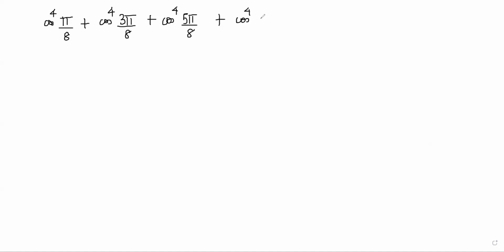So what is your first step? Sir, we can say that cos of 5 pi by 8 is basically minus sine of pi by 8. Why are you doing that? How are you converting? Sir, cos of 4 pi by 8 plus pi by 8, that is minus sine pi by 8.